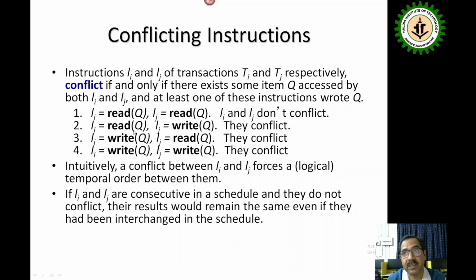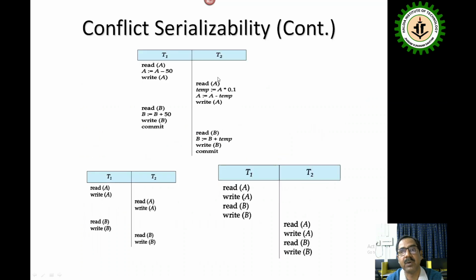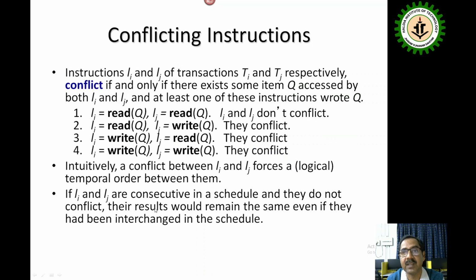But if Ii equals a read operation on data item Q and Ij a write operation on data item Q, then they conflict. Why? Because if we consider that Ti first reads data item Q and then Tj performs a write operation, then Ti only performs the read operation and Tj performs the write operation. So the write operation is performed after the read operation performed by transaction Ti.